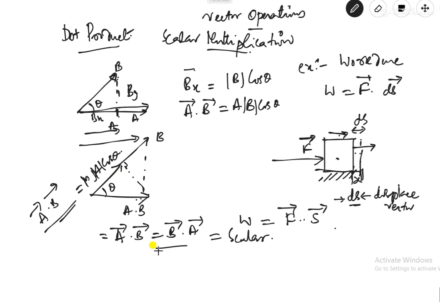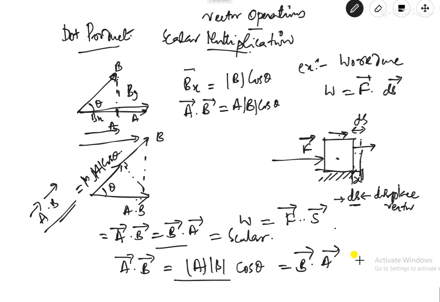So these are called scalar quantities. That's why A dot B is equal to the magnitude of A times the magnitude of B into cos theta, and this is also equivalent to B dot A. This will not change. That's why this is a scalar quantity. That's why I differentiate the two.